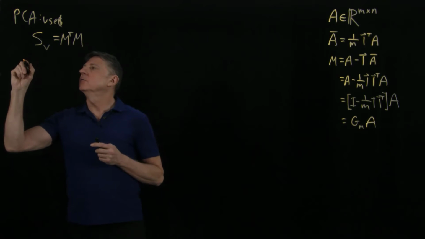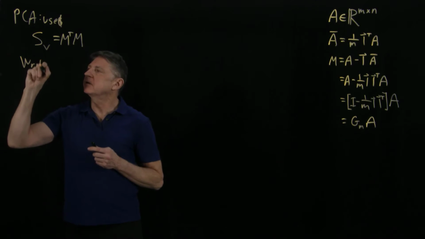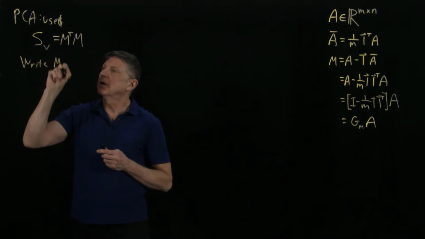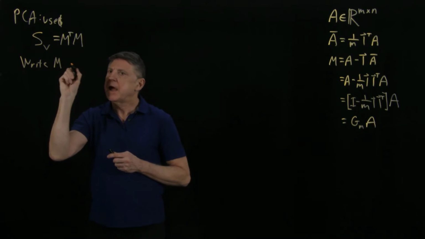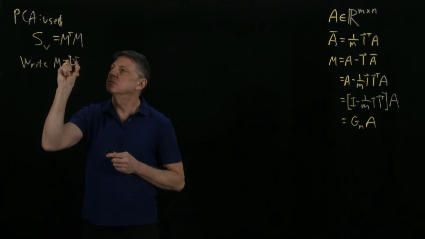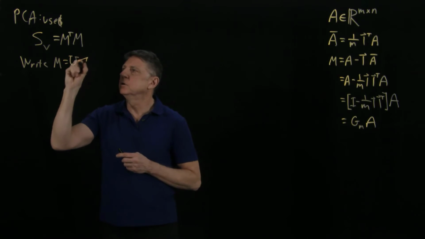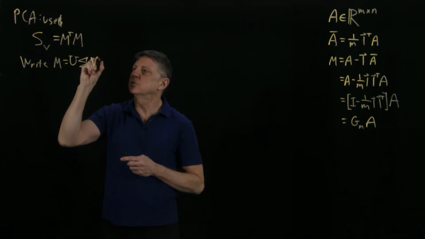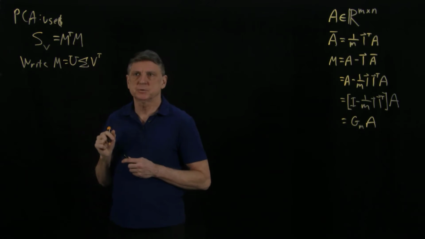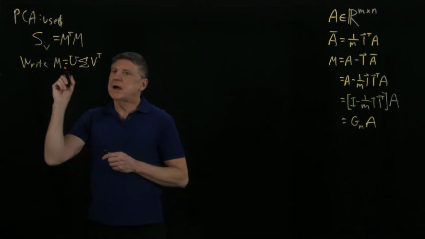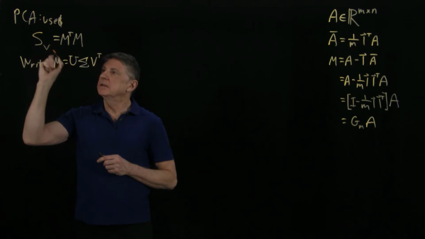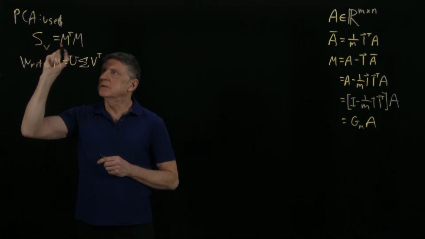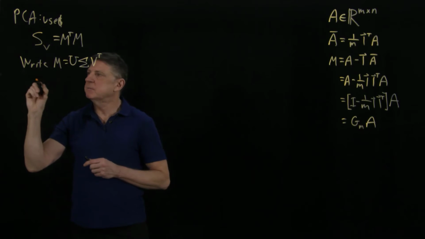And we can use the singular value decomposition to write M as an orthogonal matrix U, a singular value matrix sigma, and an orthogonal matrix V transpose. I can then rewrite S sub V, the variable style scatter matrix.